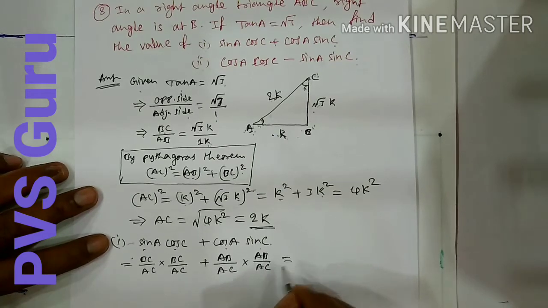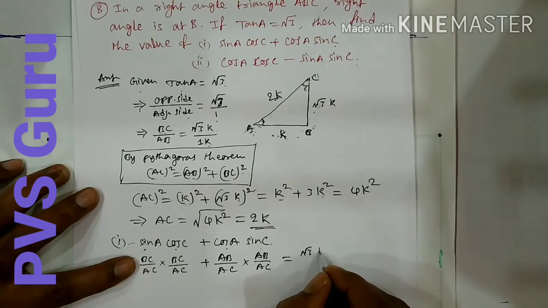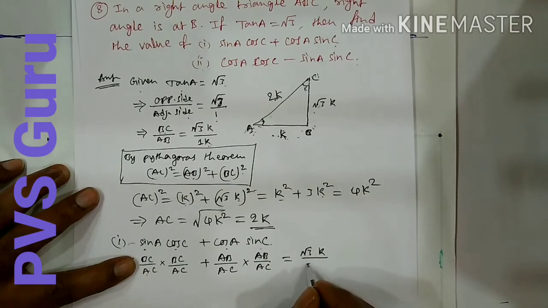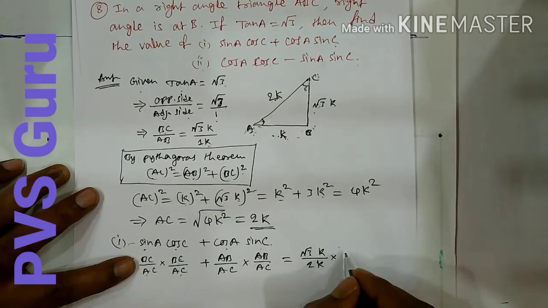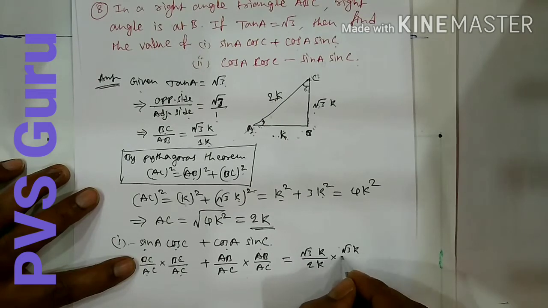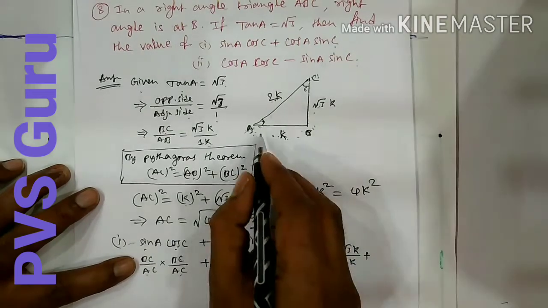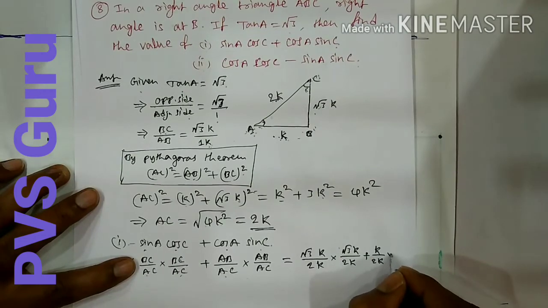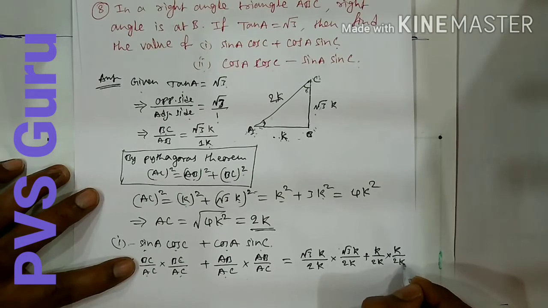This is equal to BC value, we know that is root 3k, by AC value, we know that is 2k, into again BC by AC, root 3k by 2k, plus AB by AC, that is k by 2k, into similarly AB by AC, k by 2k.